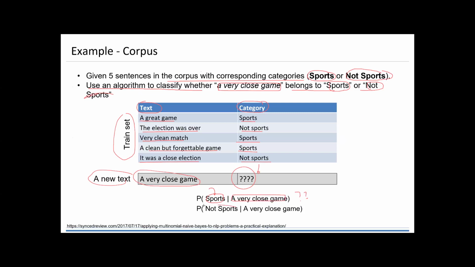And I also want to know the probability of not sports given this text. We will look at the probability: if this probability is higher than the other, then it belongs to sports. If the probability of not sports is higher, then it belongs to not sports. So we need to calculate it and confirm this.